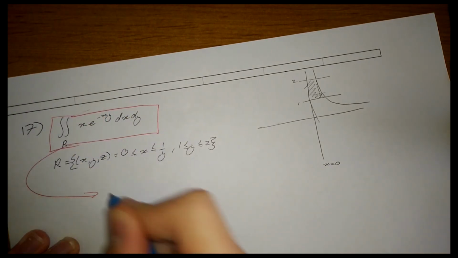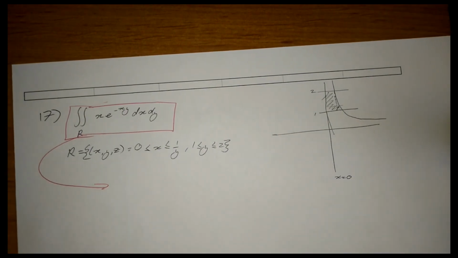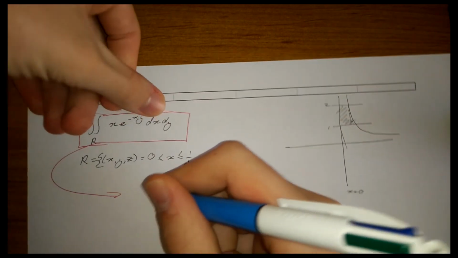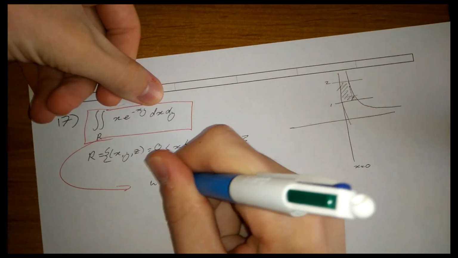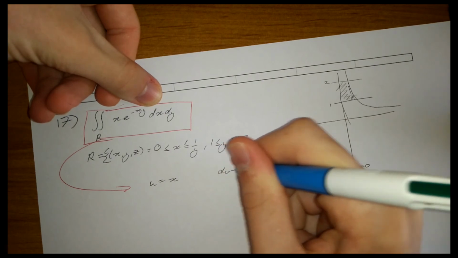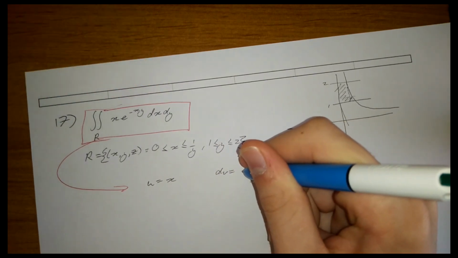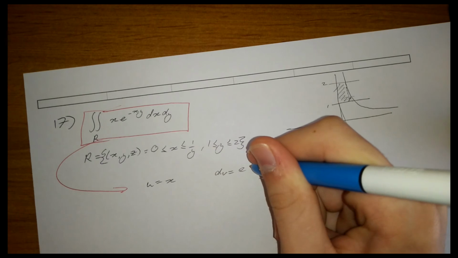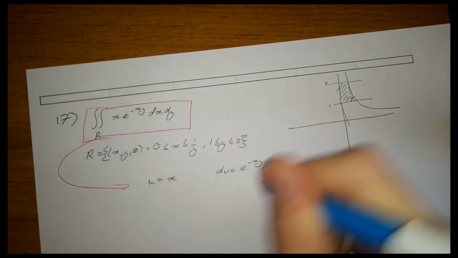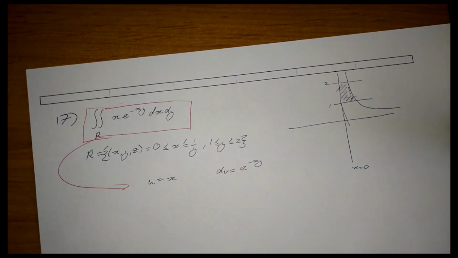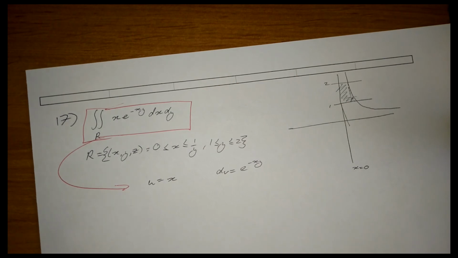So if we get this and we say, well, let u equal x, and let the derivative of v equal e to the negative xy. Wait, do we want to do this? No, we don't. Let's, one sec. Yep, we want to do this. Yep, this will be fine.